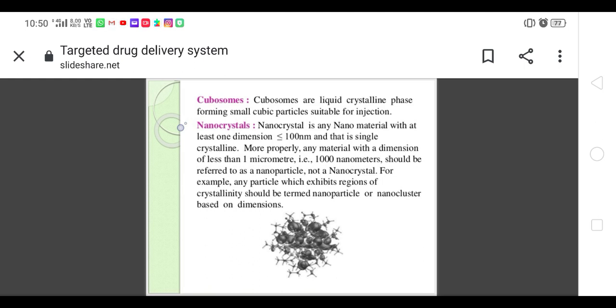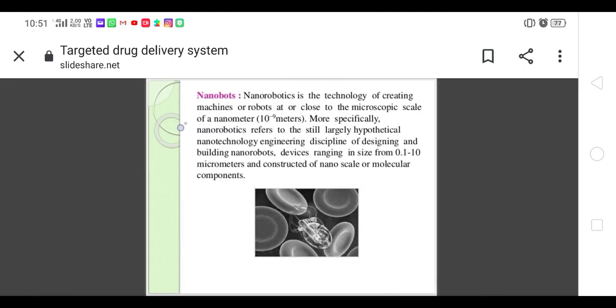So more properly, any material with a dimension of less than 1 micrometer, 1000 nanometer should be referred to as nanoparticle, not a nanocrystal. For example, any particle which exhibits regions of crystallinity is termed as a nanocluster based on dimension.